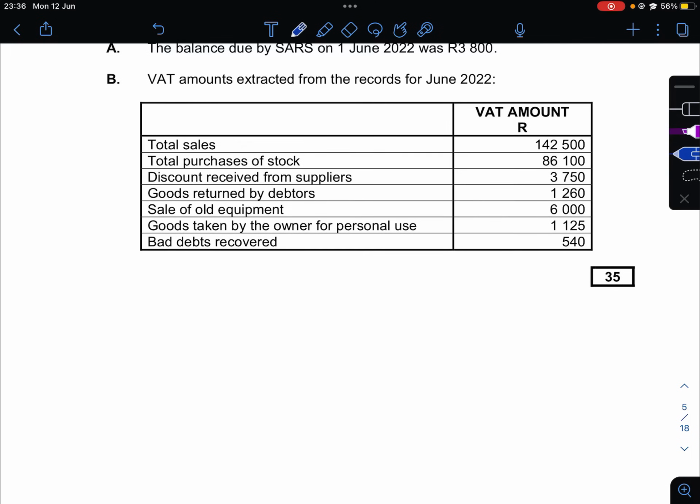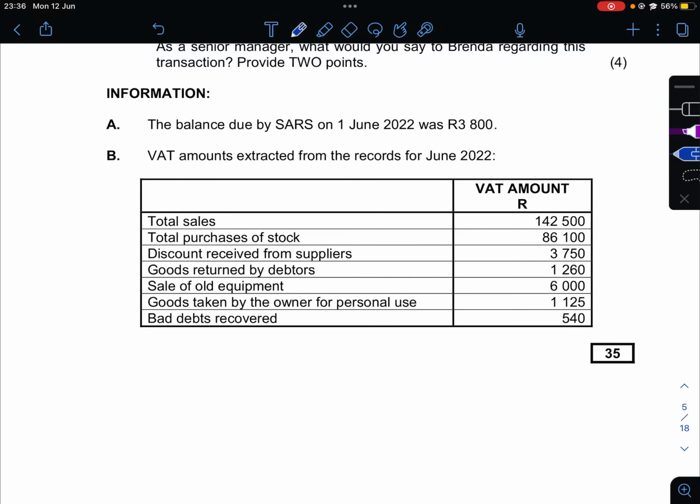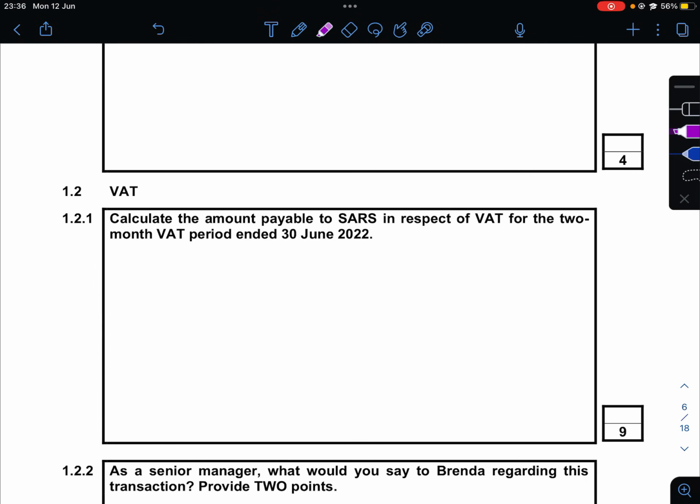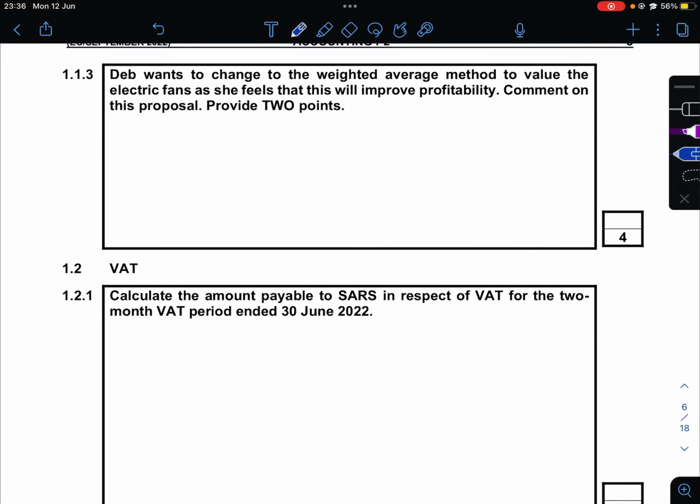Now let's just complete 1.2.1. Okay, so information: the balance due by SARS on the 1st of June 2022 was 3,800. So SARS was owing the business 3,800. Okay. I think we left out the question.